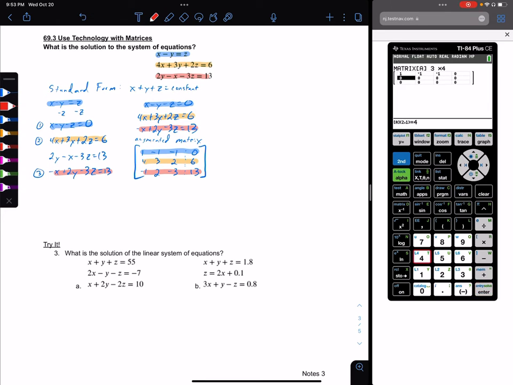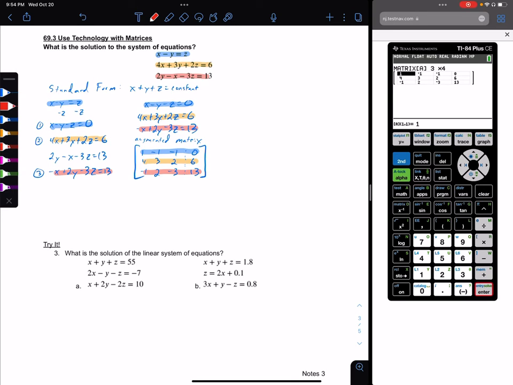So row 2 would be 4, 3, 2, and 6. And then row 3, -1, 2, -3, and 13. Once you have that entered, I always recommend checking to make sure that it's typed in correctly.